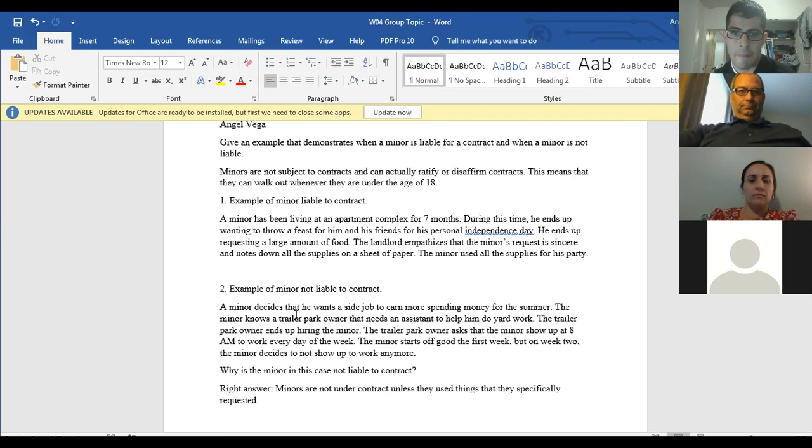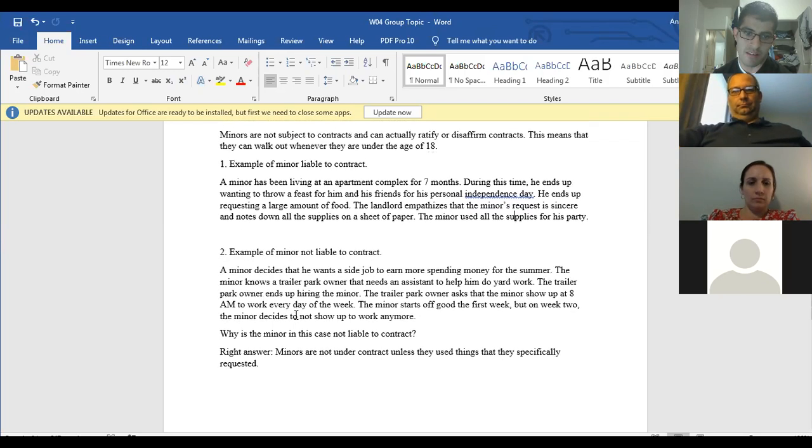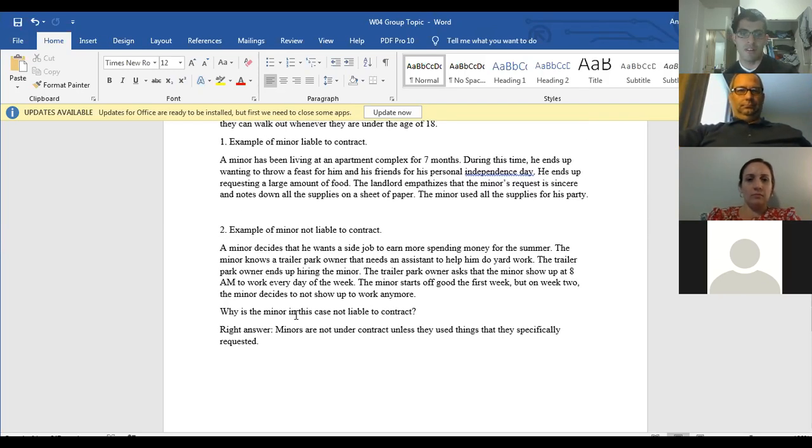That was an example of the necessaries part, where the minor has to be liable because of the request that he made. And for my not liable to contract part, the teen or minor found work, but he's not liable to the contract because of being underage. All the details are right there.